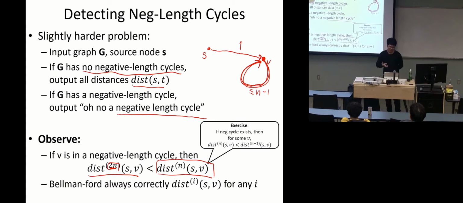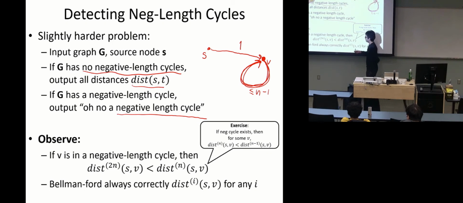Okay, good. So this is something that looks easy to check, whether something is in a negative cycle. Now the next thing is that the Bellman-Ford algorithm itself always correctly computes the bounded hop distance for any i anyway.